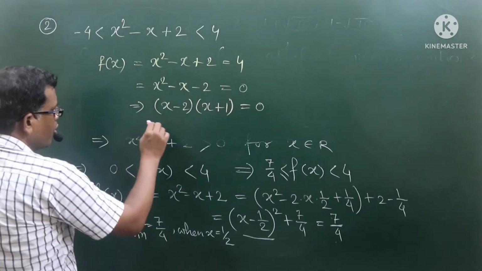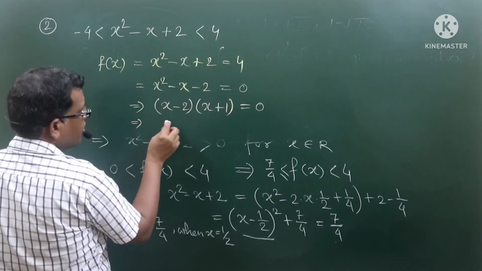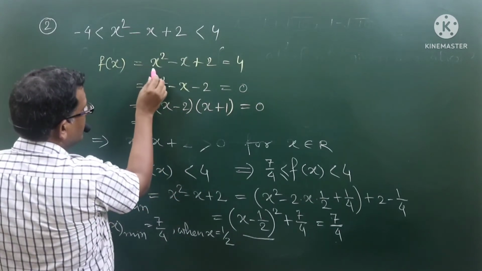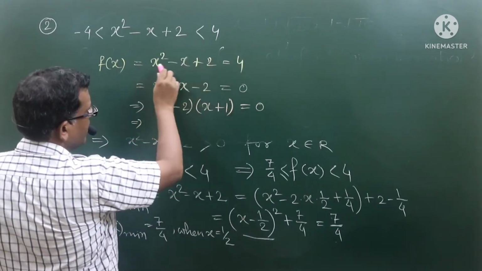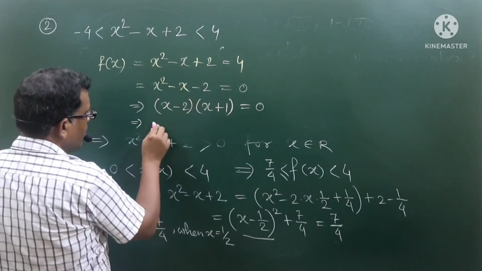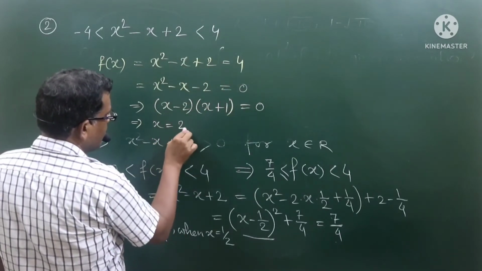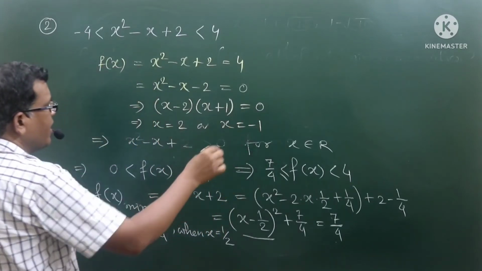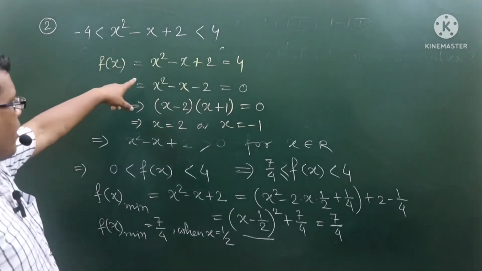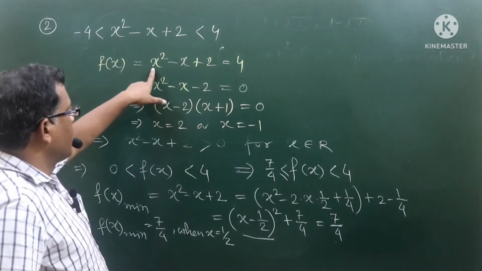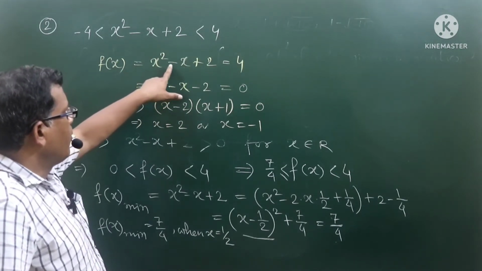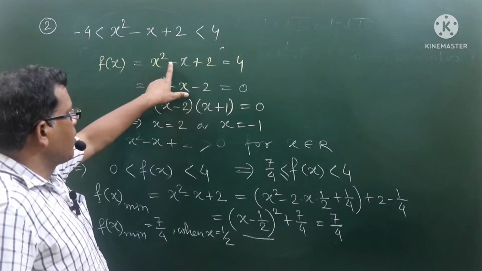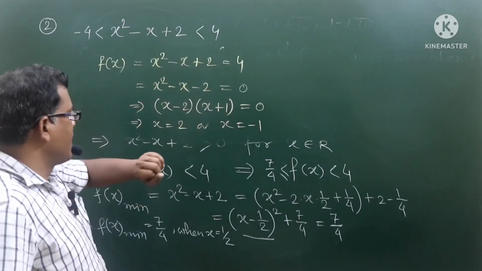That means it shows that x equal to 2 or x equal to minus 1 satisfies this. If I put x equal to minus 1, check it: 1 plus 1, 2 plus 2, 4, yes, satisfied.